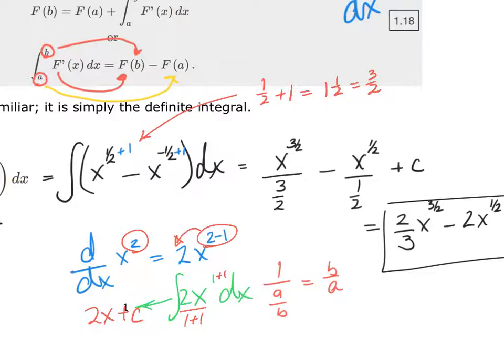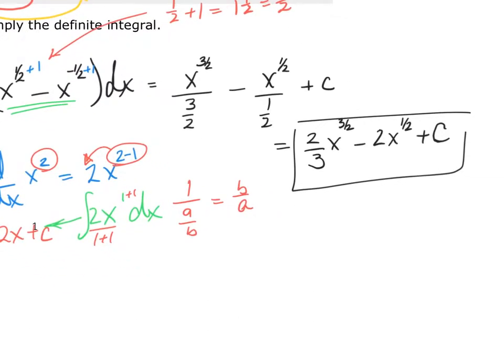So let's go ahead and do the derivative of 2/3 x to the 3/2 minus 2 x raised to the 1/2 to see if we end up with what we started out with, which is this. So if I'm asked to do the derivative dx, and this is the great thing about integration, we can always check by doing the derivative to see if we got the same thing we started out with. So it's a really nice check.